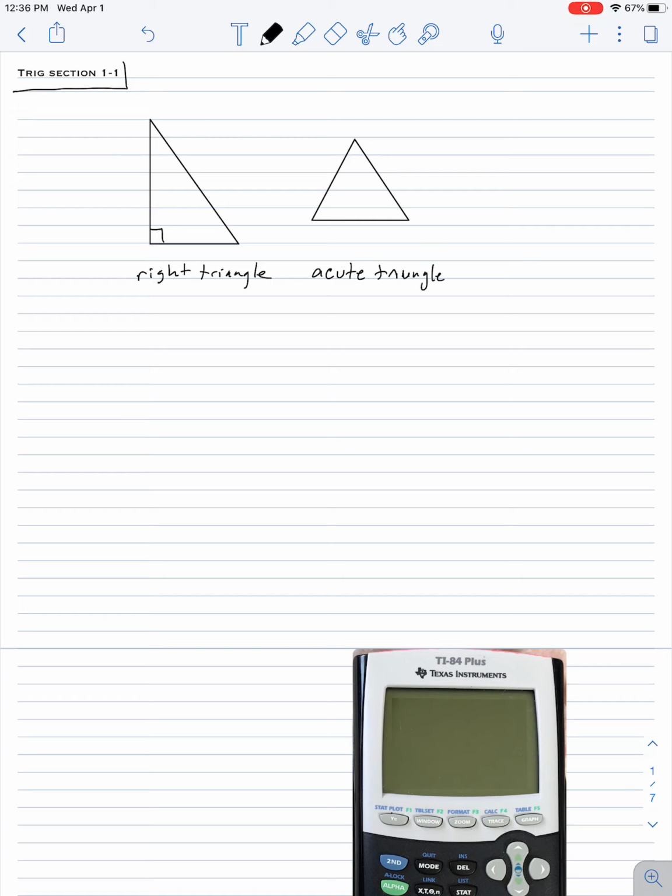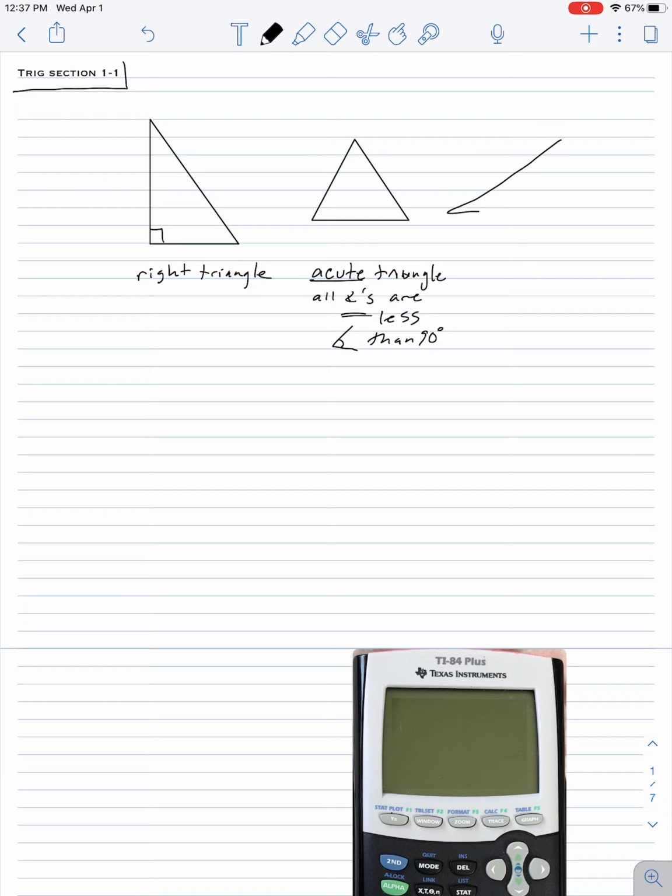And they are identified because all angles, this is my symbol for angles, a little angle mark with a little arc in it. So that's going to mean angles going forward. All the angles are less than 90 degrees. That's what makes a triangle acute.